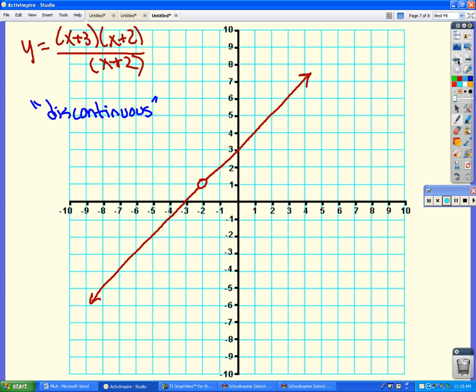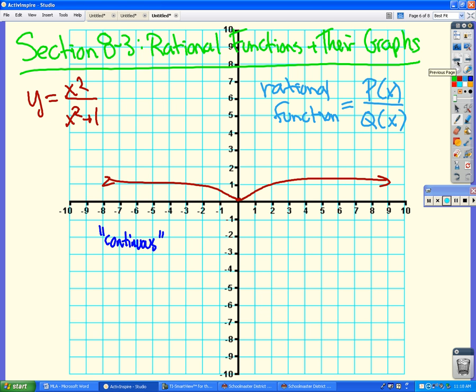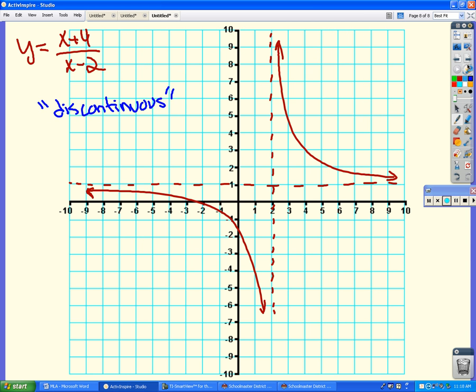All right, now we need to understand why. And actually, let's stick with this one right here. We talked about this a little bit yesterday: why is there a break in this graph right here where x equals 2? Why is there a vertical asymptote in this graph at x equals 2?